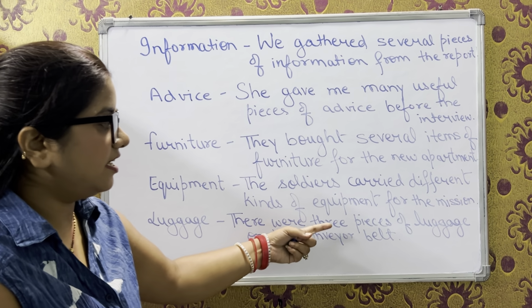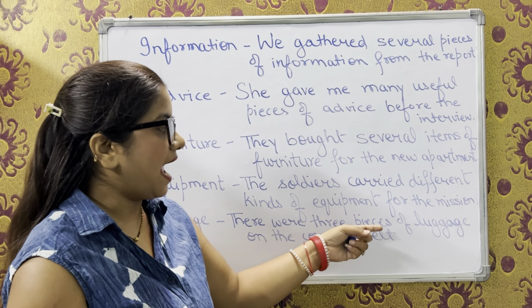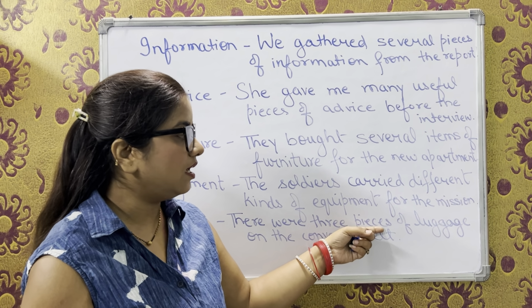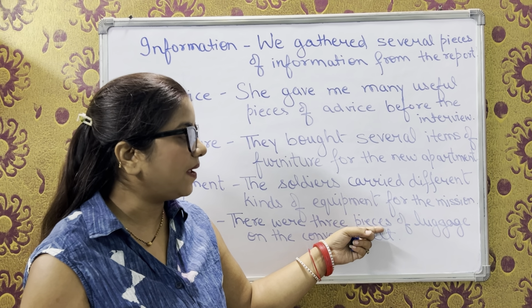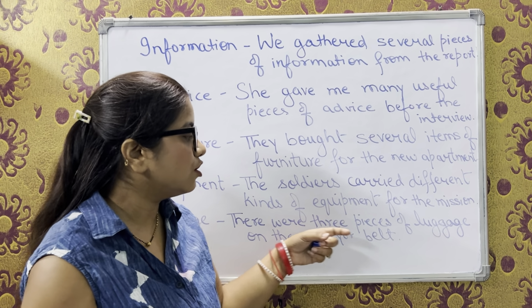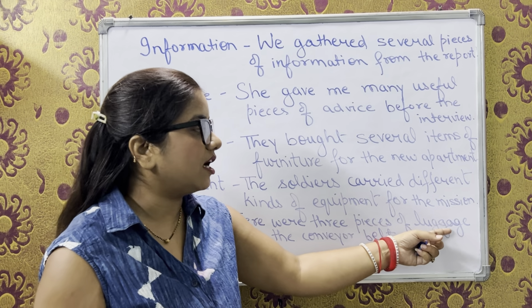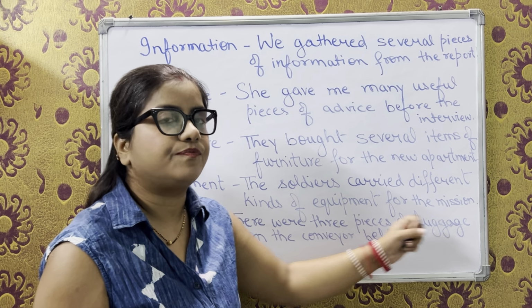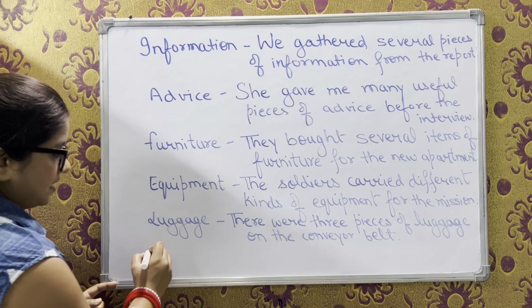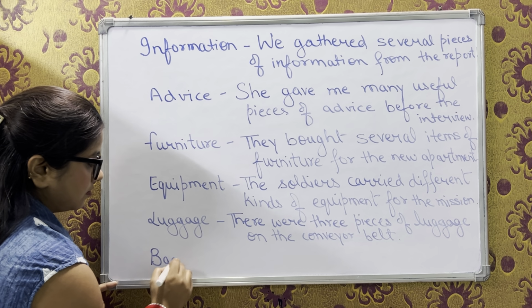So I have added the number 3 and I have made it plural by adding s to piece, making it pieces. So 3 pieces of luggage. Luggage remains the same.